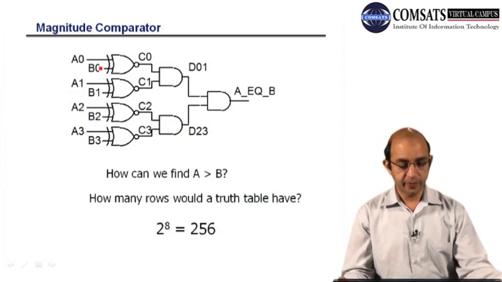So let's have the comparator. Here we have two 4-bit numbers. If a is equal to b, we will have a 1 here. If a is not equal to b, we have a 0 here.